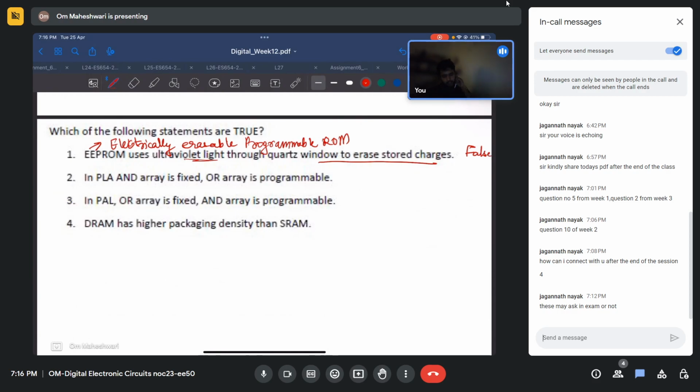In PLA, AND is fixed or OR array is programmable. So this is false. In PLA, both AND and OR are programmable. In PAL, OR is fixed and AND is programmable.